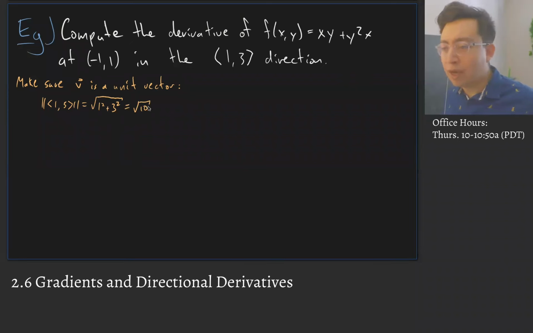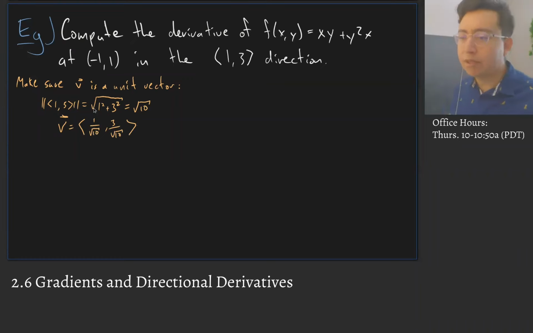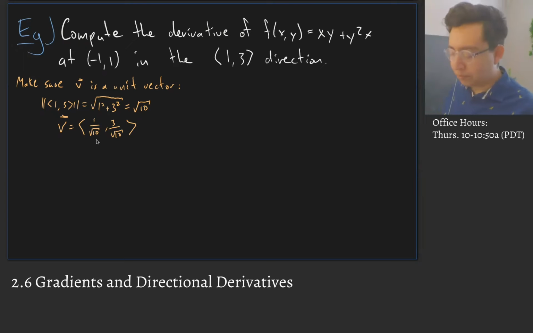And so that's not 1, but this helps us a little bit because then we can just let v equal (1, 3) divided by the norm of (1, 3). So that's going to be 1 over the square root of 10, comma 3 over the square root of 10. We just divide everything by the square root of 10, this norm we just got. Okay, so this is making sure that v is a unit vector. Okay, cool.